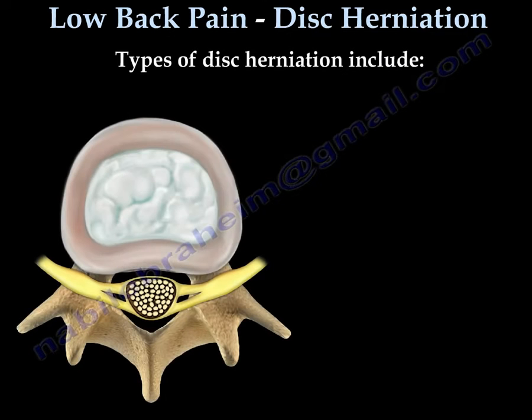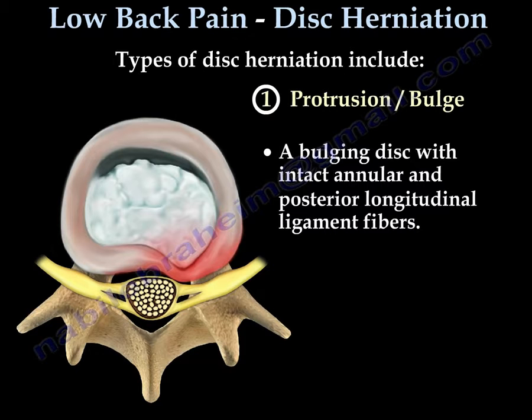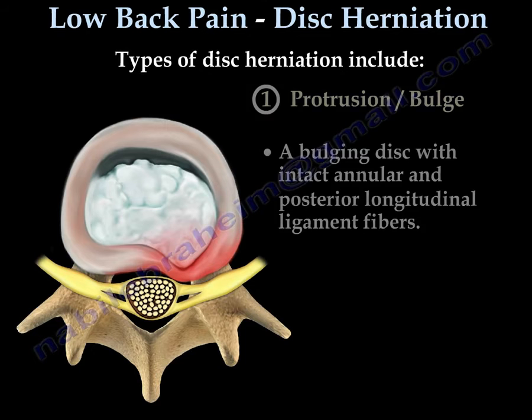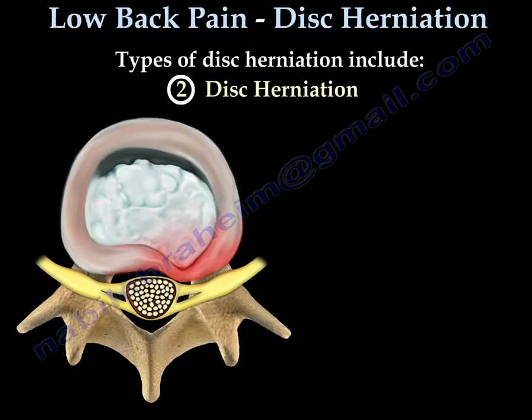Types of disc herniation. There are 3 types of disc herniation. Number 1 is a protrusion or a bulge. This is a small bulge of the disc with intact annular and posterior ligaments. The second type is disc herniation.